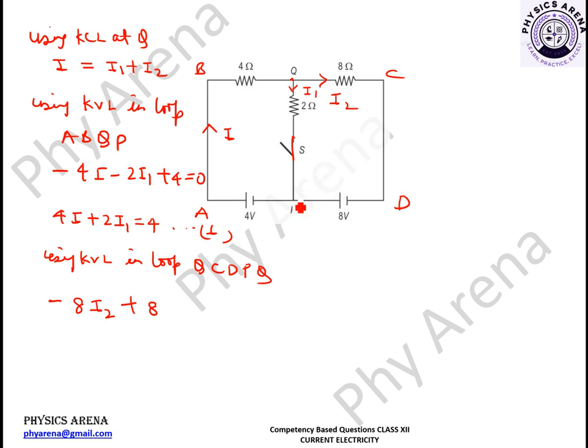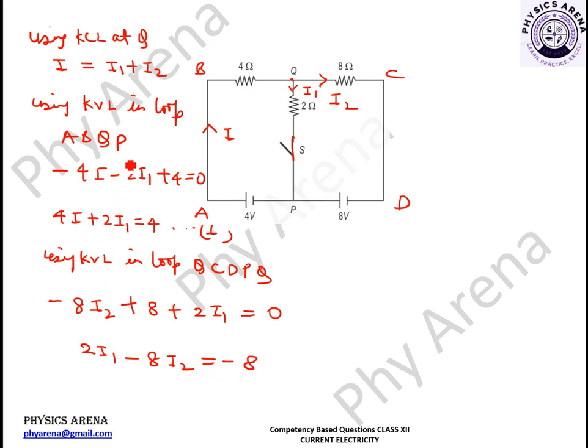And when we are moving from P to Q, we are against the direction of current, so that will be plus 2I1, and that is equal to 0. So this will give us 2I1 minus 8I2 is equal to minus 8. This minus 8 will go to that side. Now we can do some manipulations.